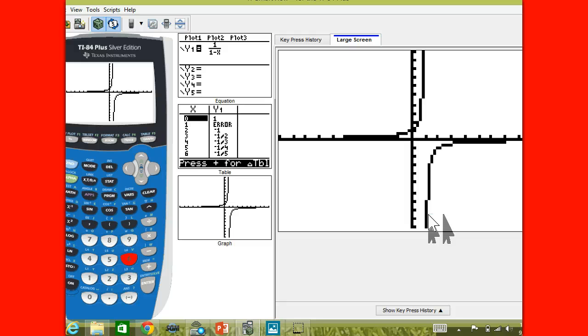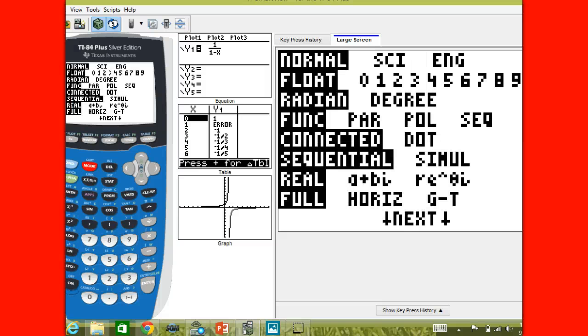So those of you that have that line on your screen, and like I said, there doesn't seem to be a rhyme or reason, like sometimes it pops up and sometimes it doesn't. If you're working on a problem and you're not sure whether there's really a line there or not and you want to be definitively sure, one thing that will usually help is to go to your mode. We usually leave our calculator in connected mode because we do want it to play dot to dot and connect the dots, right?